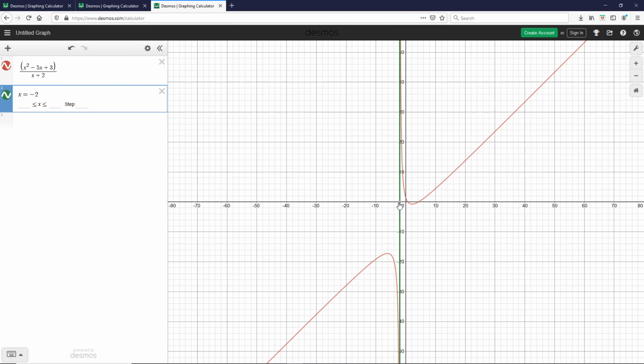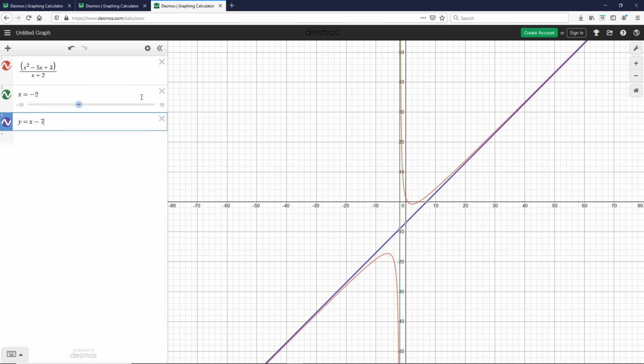That's the vertical asymptote for this function. But again, vertical lines are the form x equals a constant. Now, if I wanted to draw the line, let's say y equals x minus 7, that's what just showed up in purple here.